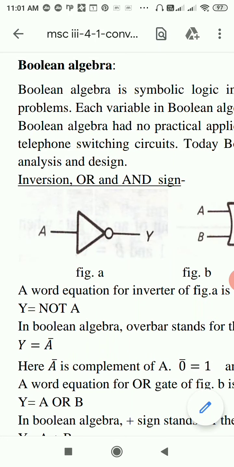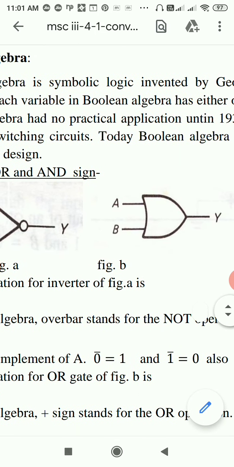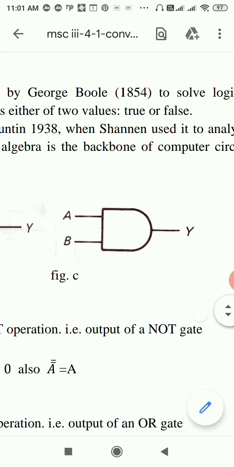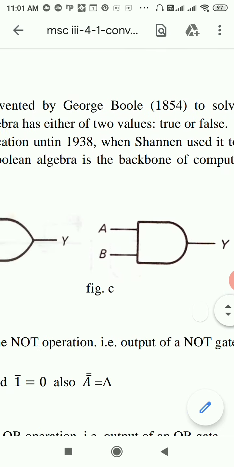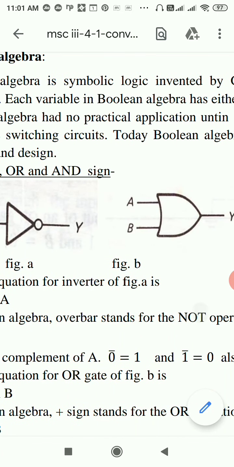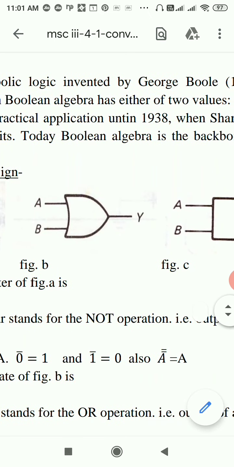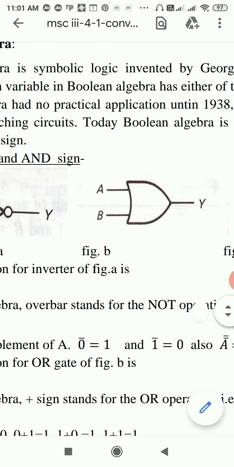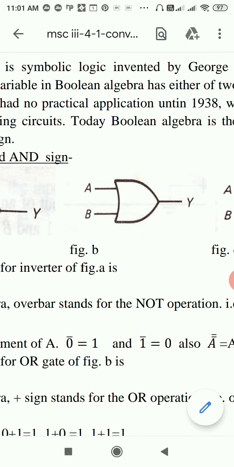Boolean algebra is symbolic logic invented by George Boole in 1854 to solve logical problems. Each variable in Boolean algebra has either of two values, true or false. So there are only two variables in Boolean algebra.